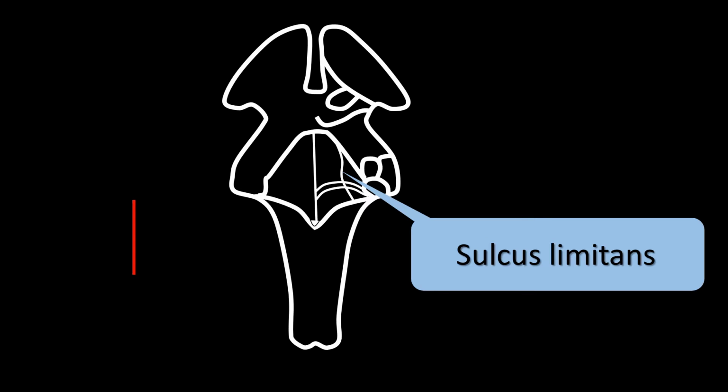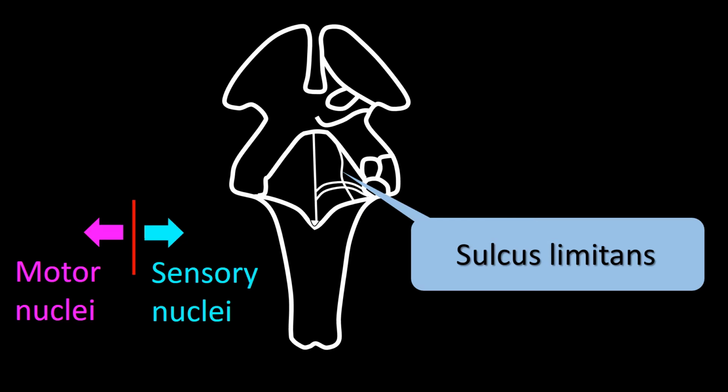I have now added a red vertical line to represent a rather hard division between location of the motor nuclei and the sensory nuclei. This red line is the sulcus limitans.